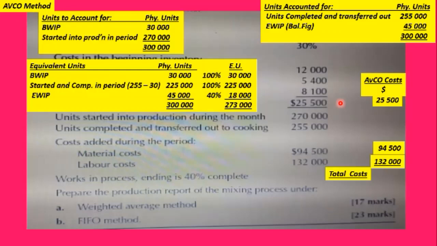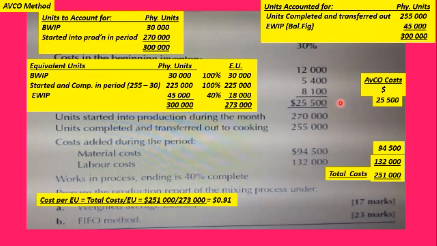Okay, so the total cost will be 251,000, and the cost per equivalent unit would be 251,000 divided by your 273,000 equivalent units from here. We get 91 cents per unit. Okay, that brings us to the end of the presentation.